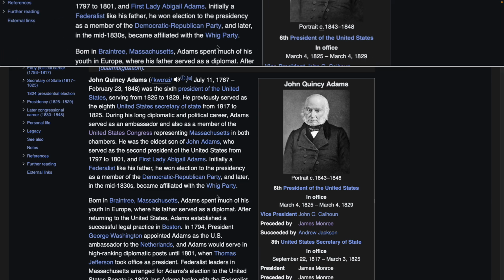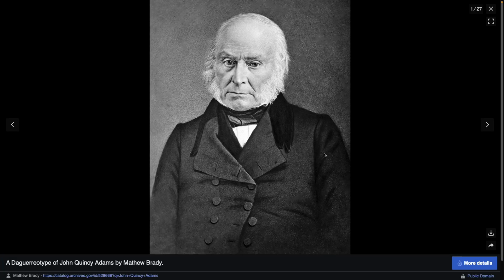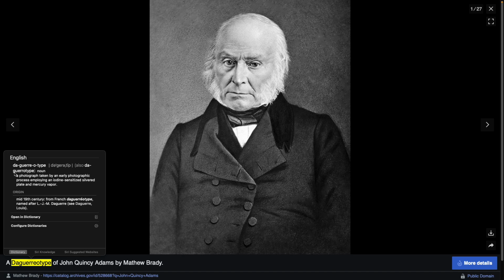Let's have a look at the pic. What does Daguerreotype even mean? A daguerreotype is a photograph taken by an early photographic process employing an iodine-sensitive silvered plate and mercury vapor.